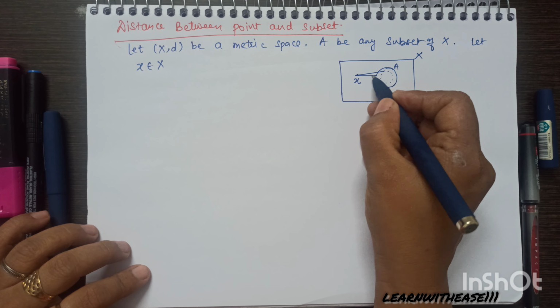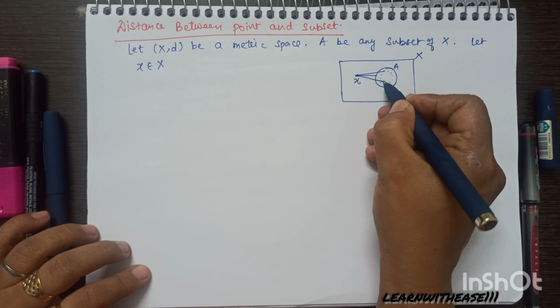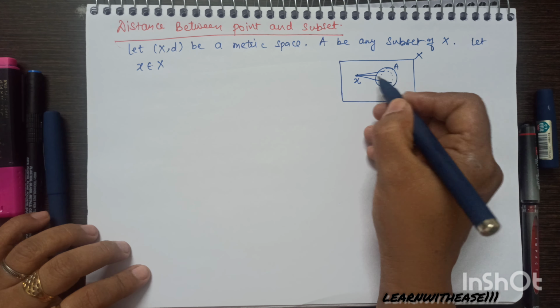We will find the distance from x to each and every point of A, and the distance which is the least out of these will be the distance from x to A.